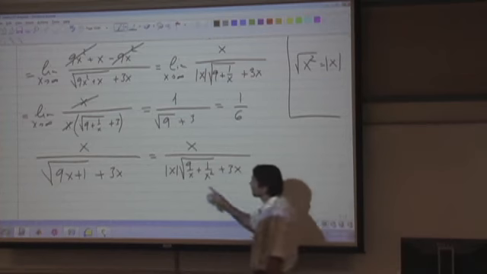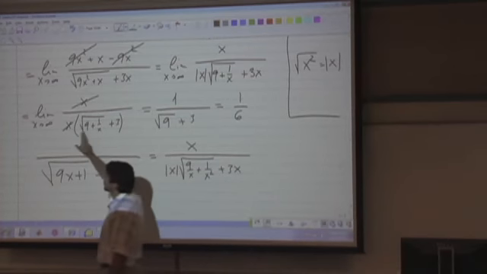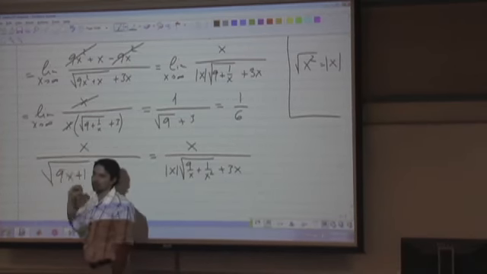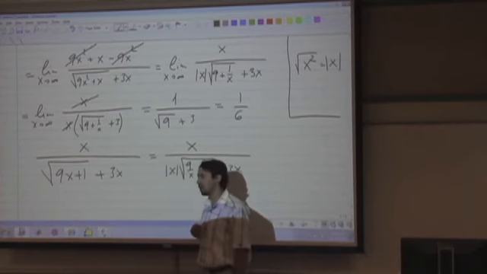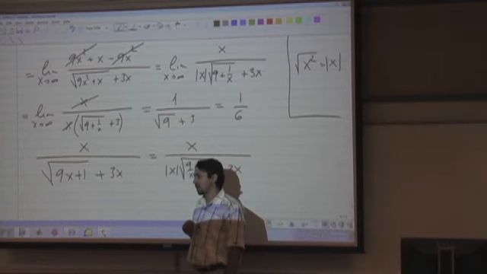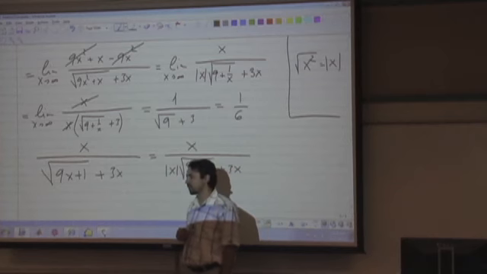Now, is everybody understanding why 1 over x goes to 0 as x goes to infinity? Yeah? Okay. Is any number over x, as x goes to infinity, 0? Yes, because the number can just come outside of the limit.